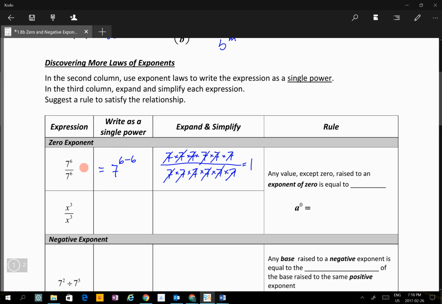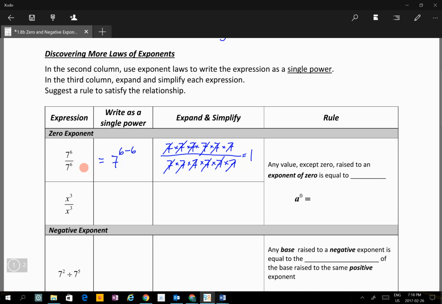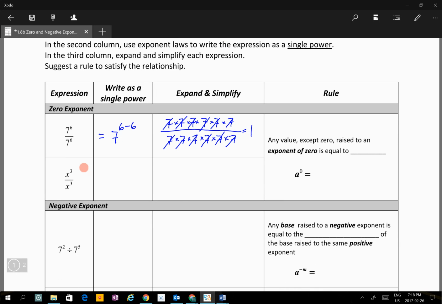So it turns out that any quotient rule being applied to powers that are the same will result in an answer of 1. Even if the base is a variable, here I would have x to the power of 3 minus 3, which is just x to the power of 0.